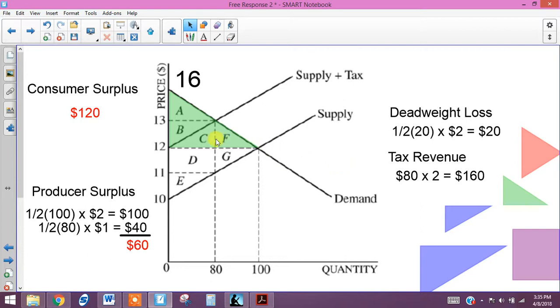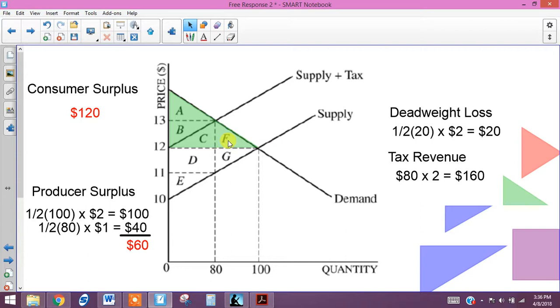So you just want to say that the area of consumer surplus is A, B, C, and F. And don't worry about this number here. That's something I'll talk about later. But anyway, we are just identifying the area of consumer surplus based on the labeling. And let me get rid of that. That shouldn't even be there. Okay, so A, B, C, and F.